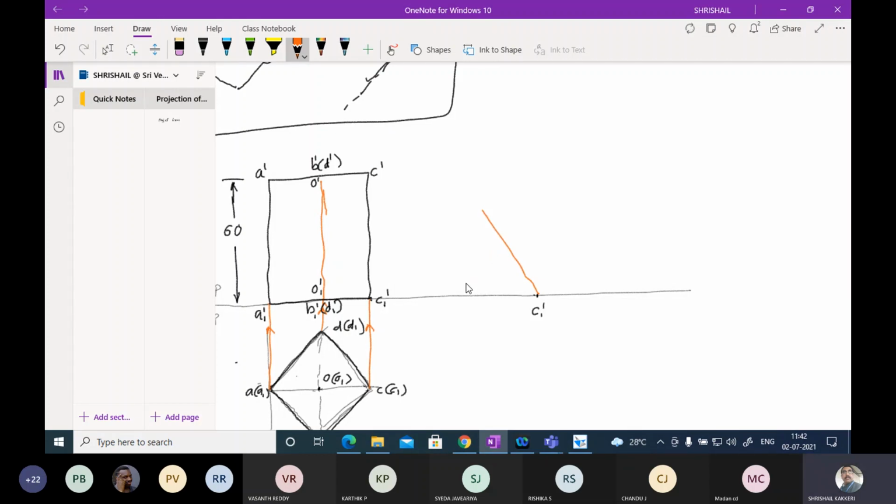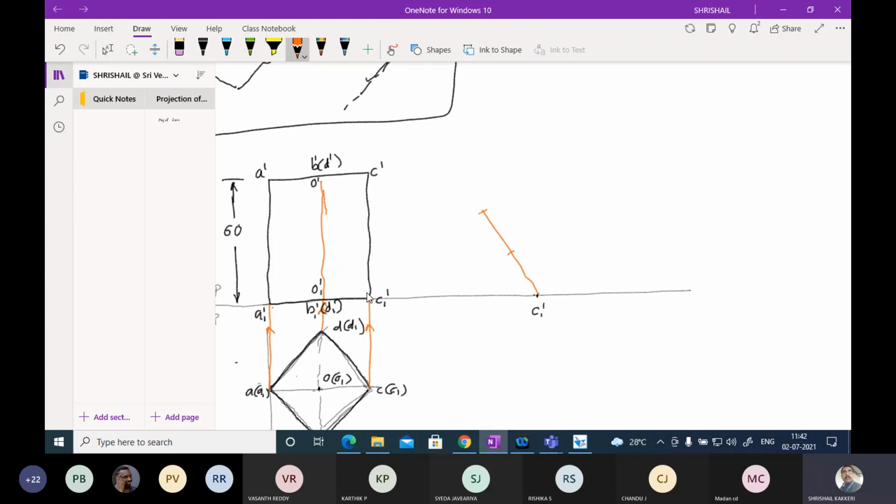Please do not write it. I have drawn the axis length, axis only, not this. Okay, 50 degree I have taken. Now take this length and mark over here, and take this length and mark over here. Please be careful.